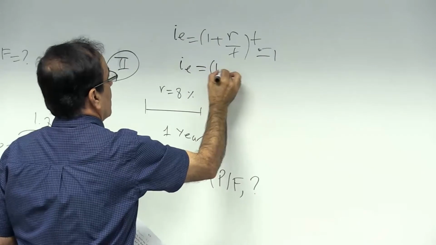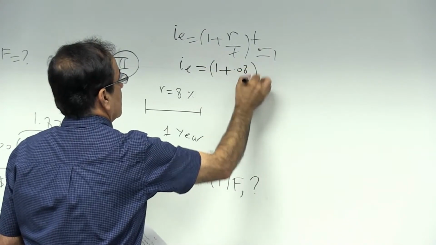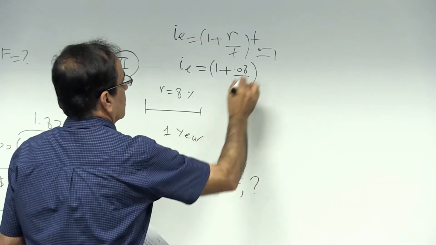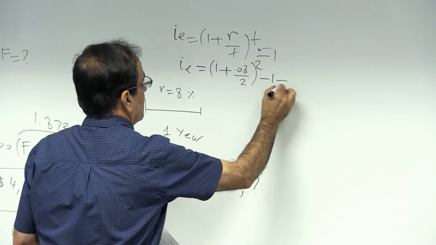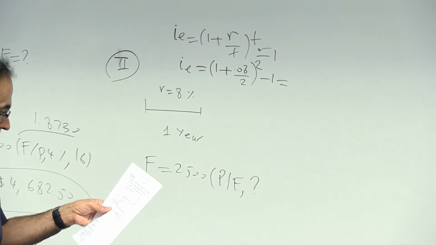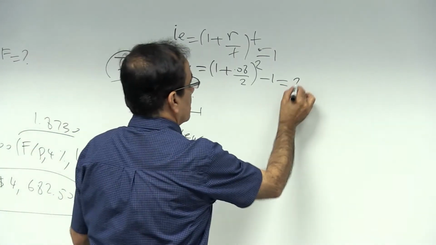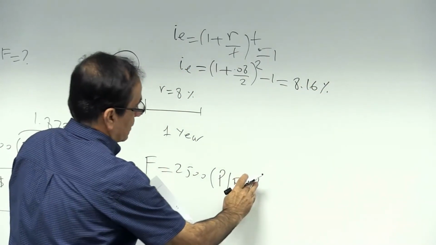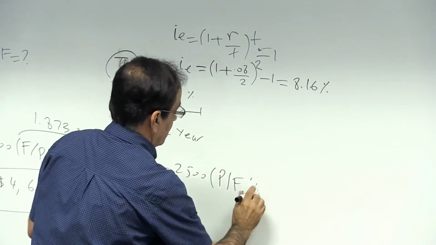The nominal for 1 year is 8%. You have 2 sub-periods within 1 year, so the T value is equal to 2: (1 + 0.08/2)^2 minus 1. That's going to be the effective for 1 year. It's going to be 8.16%.